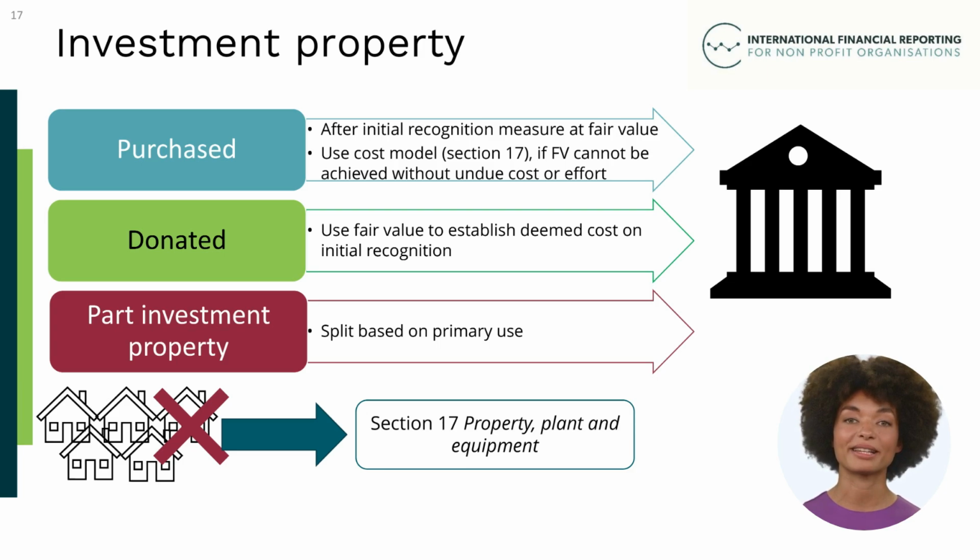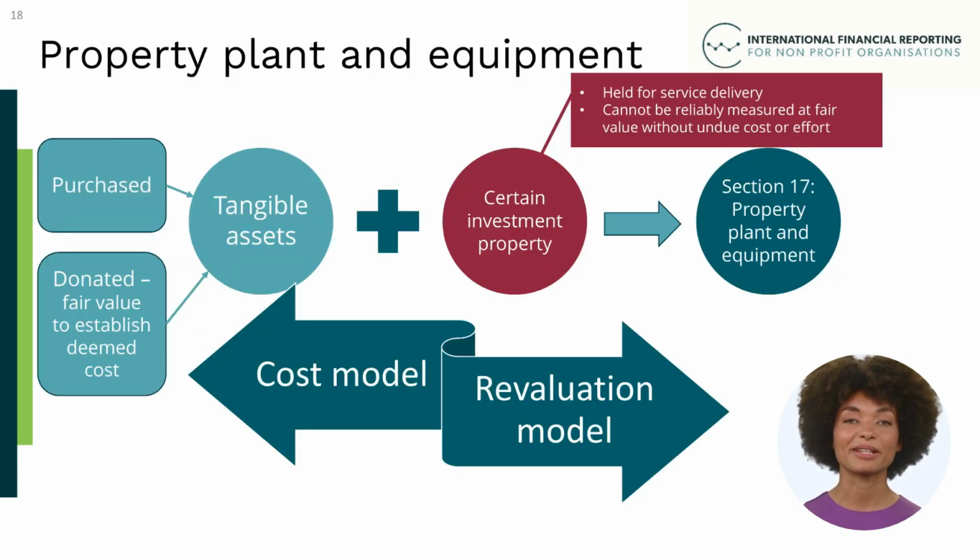Some property assets could be multi-purpose, partly an investment property and partly property for use by the NPO. The property needs to be separated and valued based on the primary purpose for which each part is held. Section 17 specifies the accounting for property, plant, and equipment, which are also known as tangible fixed assets.